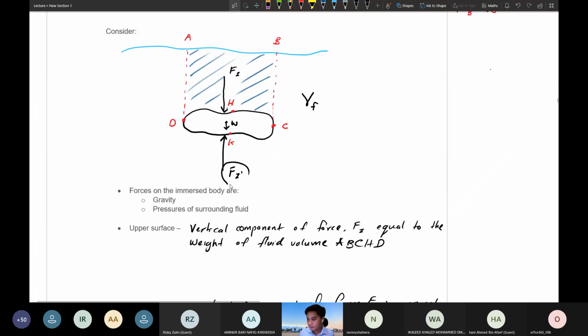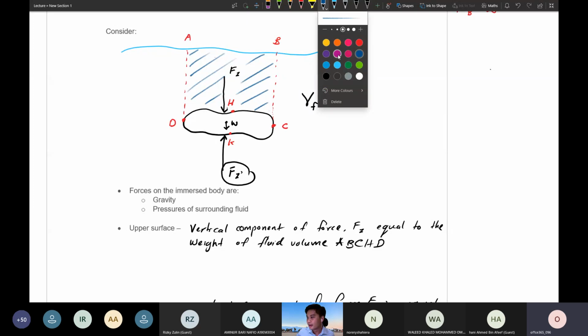In order to get the Fz prime, you need to find the fluid weight of A, B, C, H, D. Where is the B? D. So that means K is involved? Not involved, because that is the weight of the fluid above.